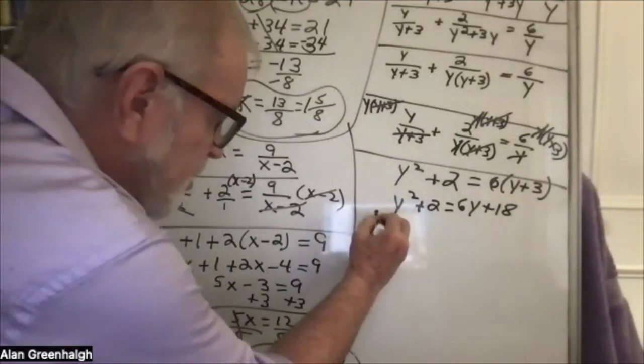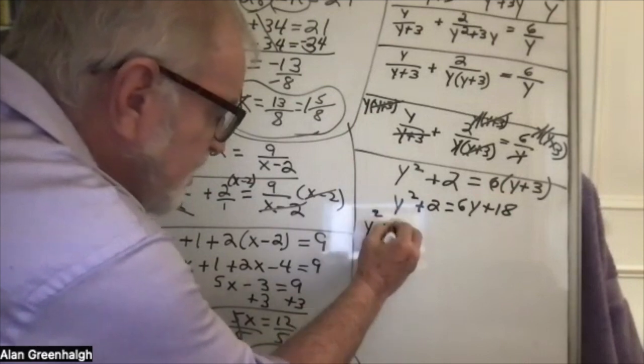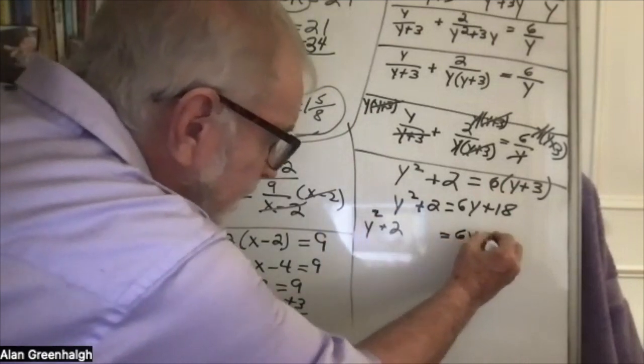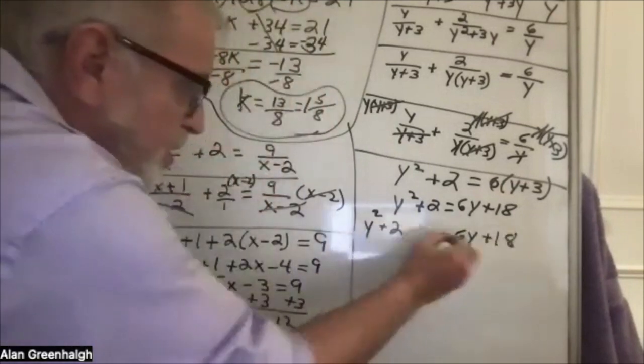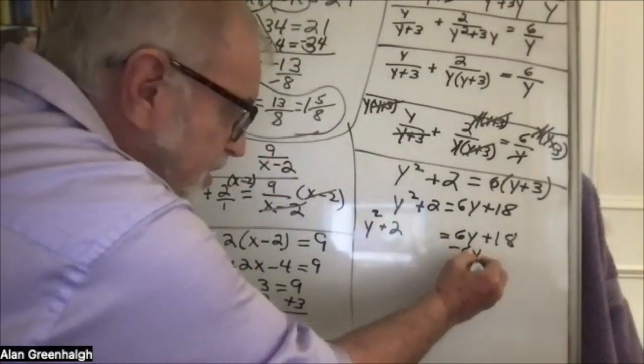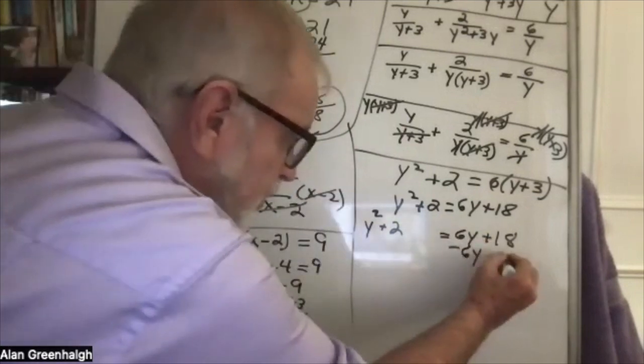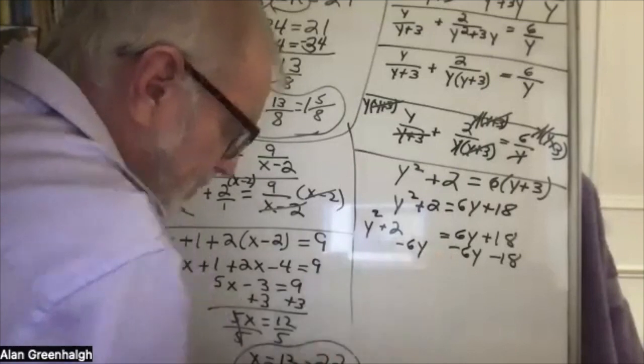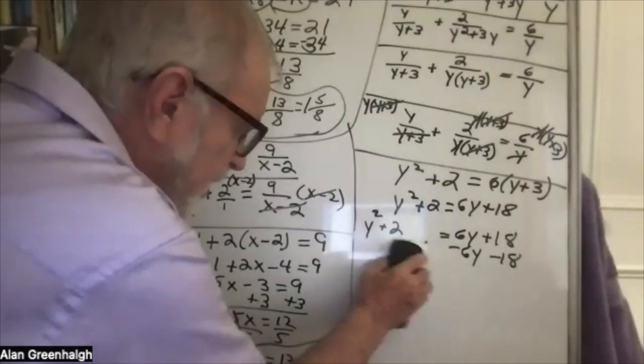So we have y squared plus 2, and I'm allowing room over here because I want to now bring over the 6y, bring over the 18 to over here. Well, let me move this over.